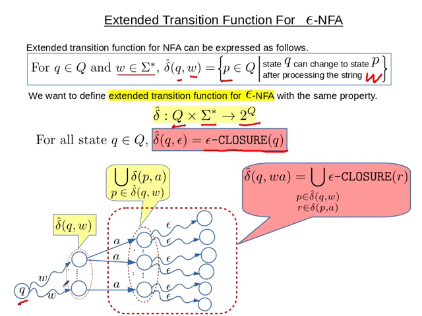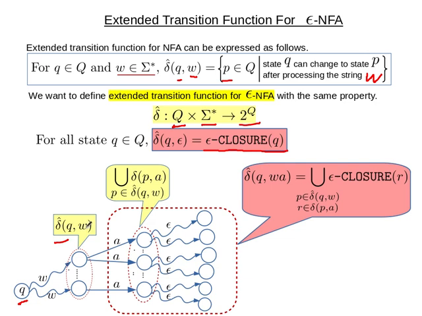Now since we are talking about epsilon NFA, these paths may consist of epsilon transitions. There can be epsilon transitions here, but whatever it is, these are precisely all the possible states that you can reach after processing W. And this is our delta hat Q W, right?